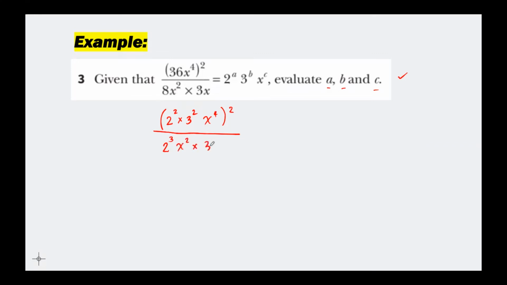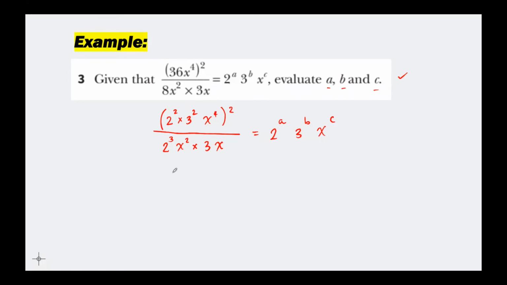times 3x is equal to 2 to the power of a, 3 to the power of b, and x to the power of c. So what we can do is simplify the left hand side of your equation. Using one of the rules, because we are raising it to the power of 2, we multiply each of the exponents.